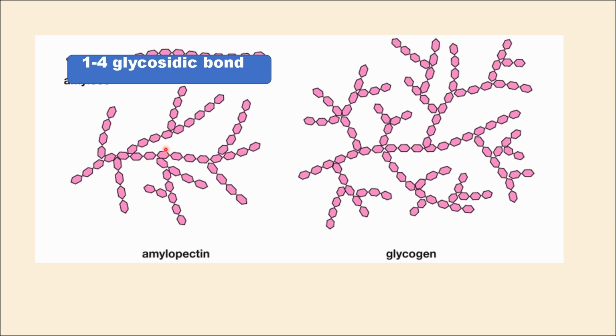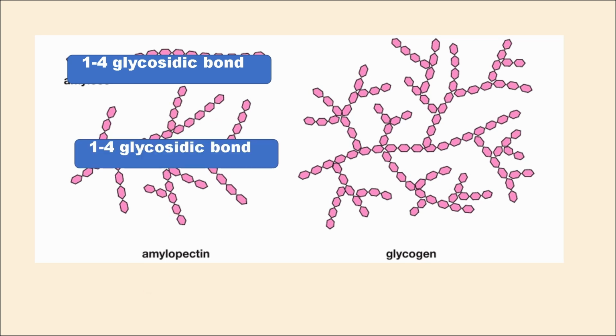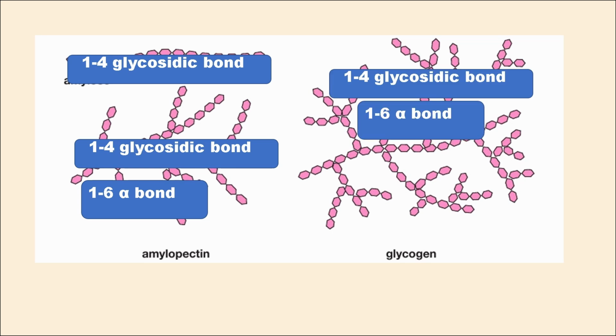Amylopectin, on the other hand, has branches, which means it contains both 1,4-glycosidic bonds and 1,6-alpha bonds. Similarly, glycogen also has a branched structure with straight chains, and they contain 1,4 and 1,6-alpha bonds.